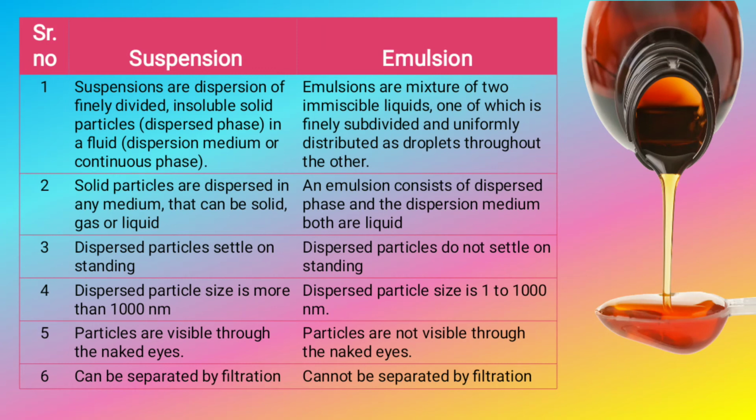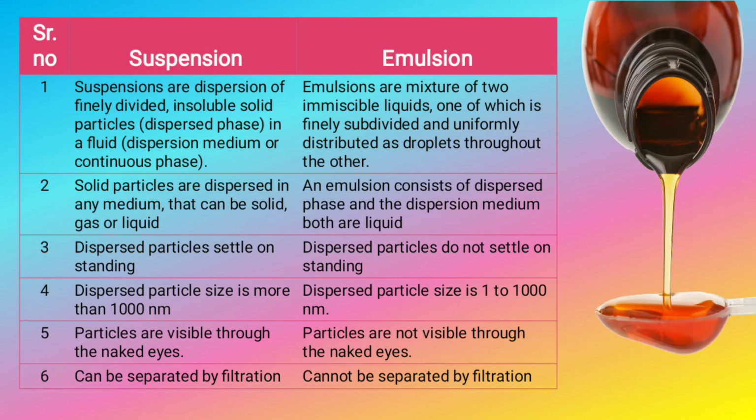In a suspension, solid particles are dispersed in a medium that can be solid, gas or liquid, whereas an emulsion consists of a dispersed phase and a dispersion medium, and both are liquid.